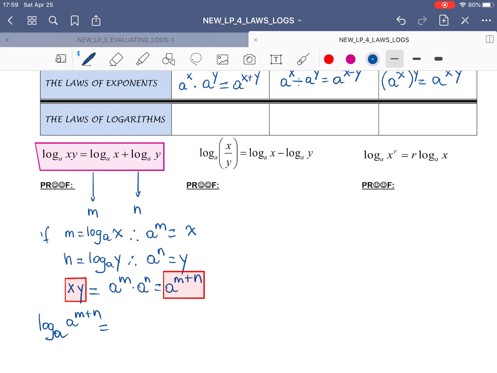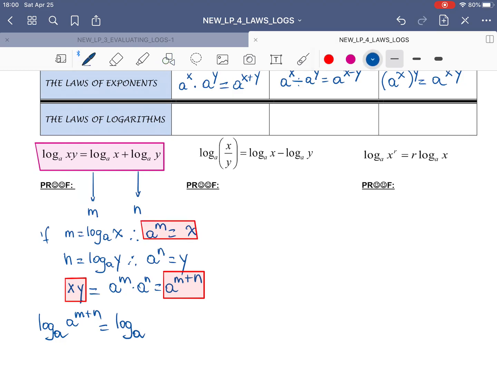So on the other side, we had log with base a of x. Instead of log with base a of x, we are going to write log with base a. So what was x equal to? Well, we said that x was a to the power of m.